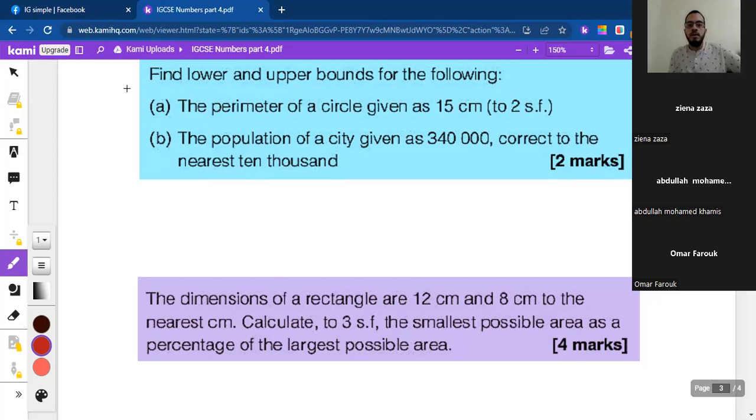Okay, read Khalid, read Omar. Find lower and upper bounds for the following. A, the perimeter of a circle given as 15 centimeters to two significant figures.